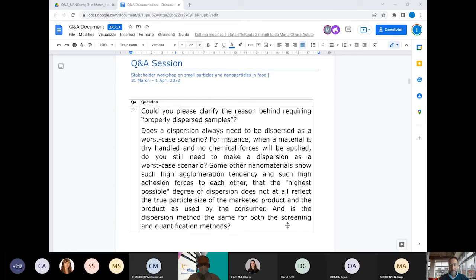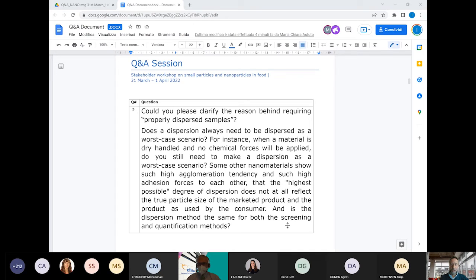Another element is that the presence of the food matrix, and the occurrence in the food matrix of proteins and other biomolecules that adsorb on particle surfaces, avoid particle interactions leading to formation of secondary particles. And this is difficult to simulate in testing. It is not the actual food that is tested.